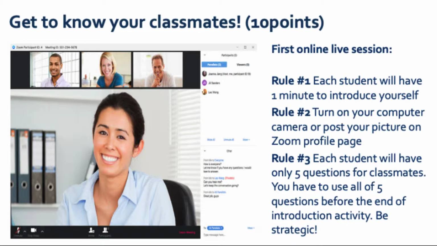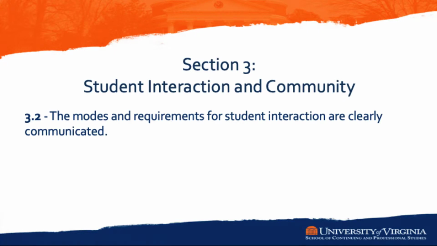Rule number two, turn on your computer camera or post your picture on your Zoom profile page. Rule number three, each student will have only 5 questions for classmates. You have to use all of your 5 questions before the end of the introduction activity. Be strategic. Then your students will actively participate in this activity.